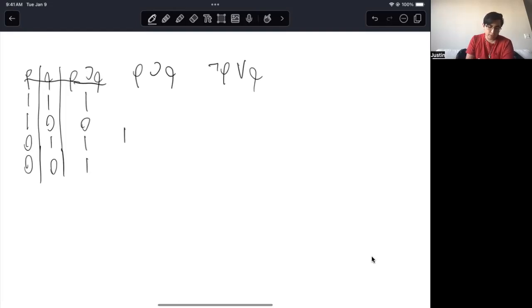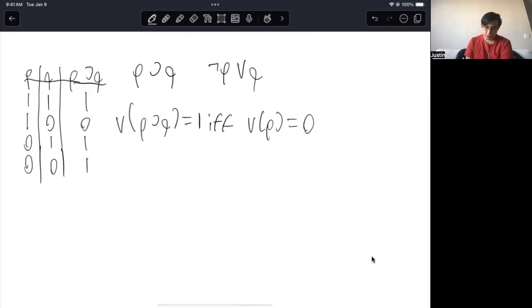So you write out the semantic clause rule. I don't remember what it's called, but it's the rule for how to determine whether this is true or not: the value of if P then Q, this conditional, is true if and only if the value of P is false or the value of Q is true.